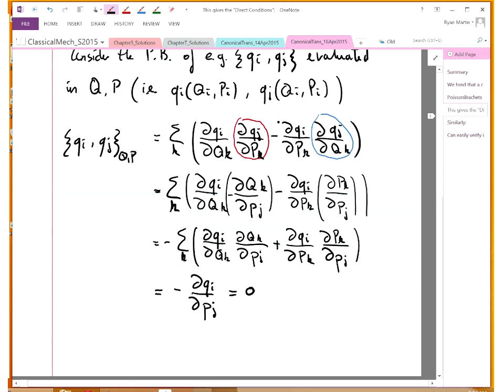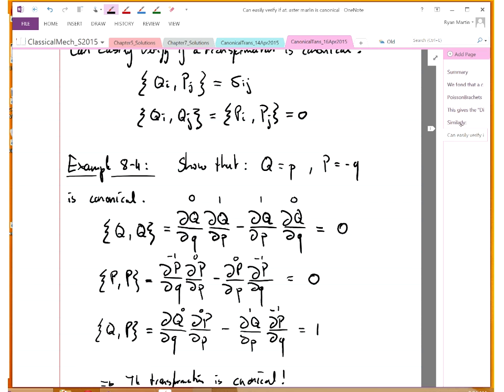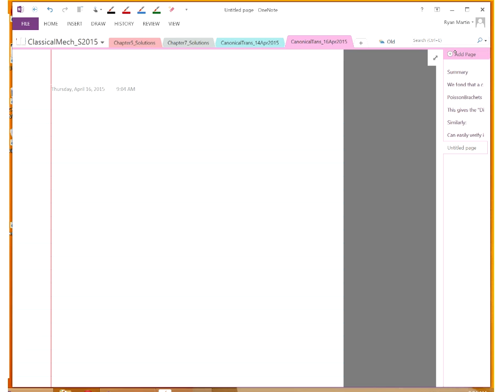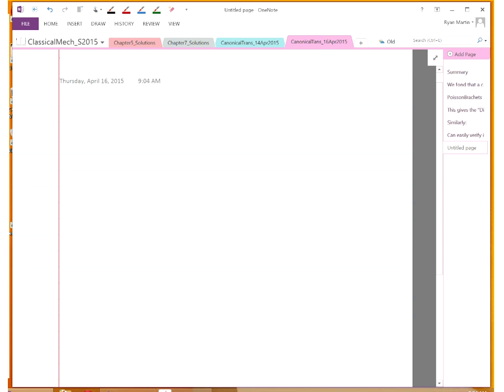And that was not so difficult to show because when we evaluated that plus one bracket, we were able to use the direct conditions, which are true between specific coordinates, to simplify things. We don't expect that if we do the plus one bracket between two arbitrary functions, these direct conditions are going to come to our rescue. So it's going to make it more complicated.